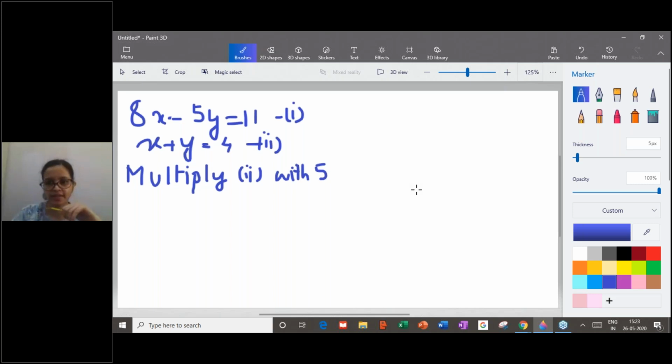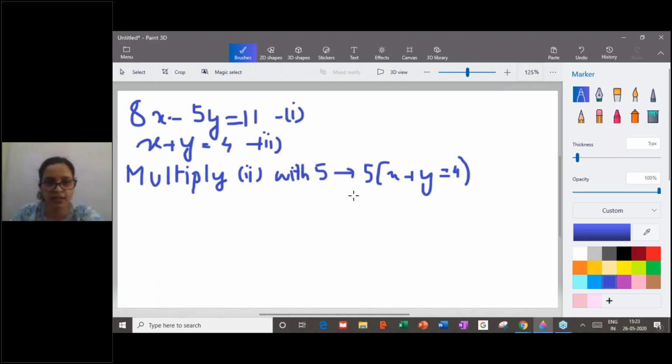Write it down stepwise. Okay, the first step. Multiply equation 2 with 5. What do you get? You write it like this: 5 into x plus y equal to 4.